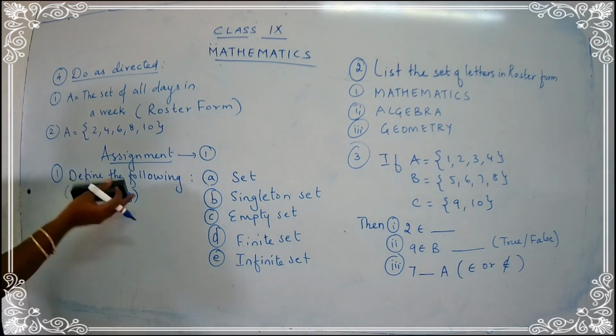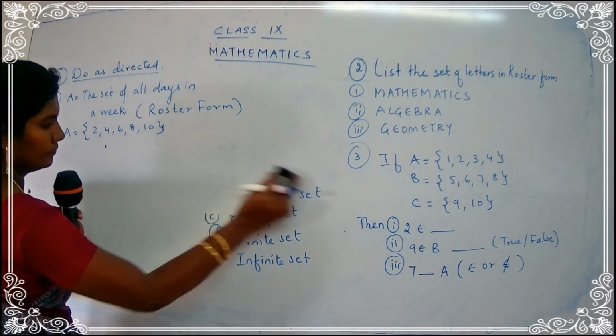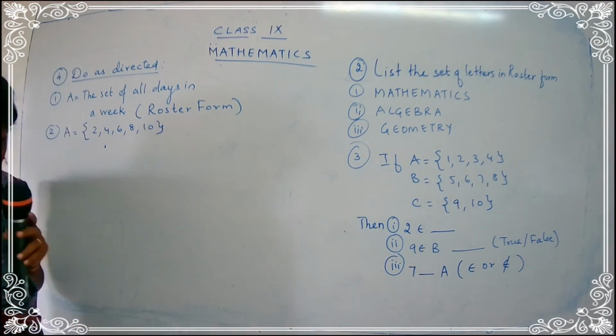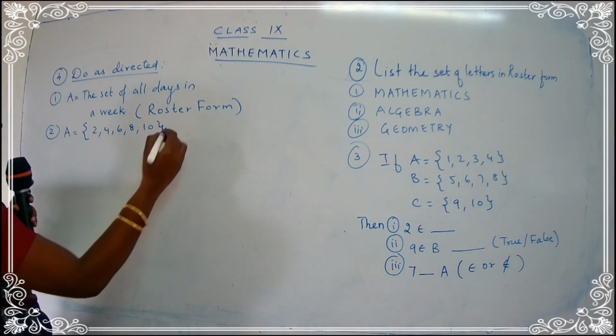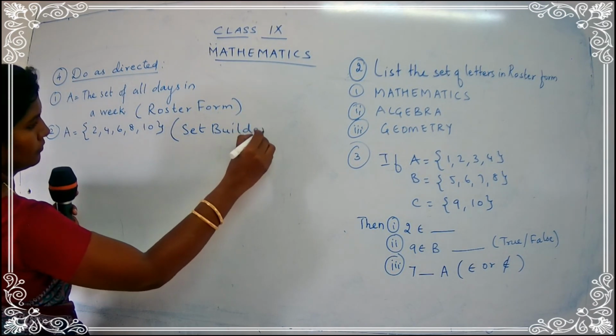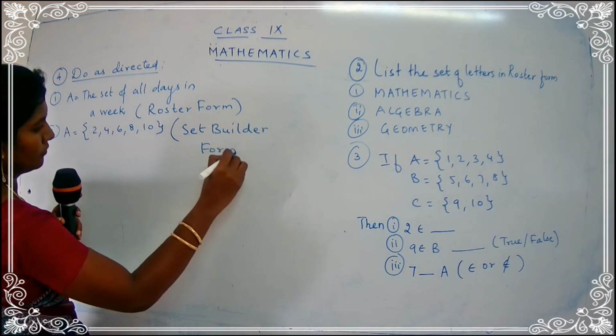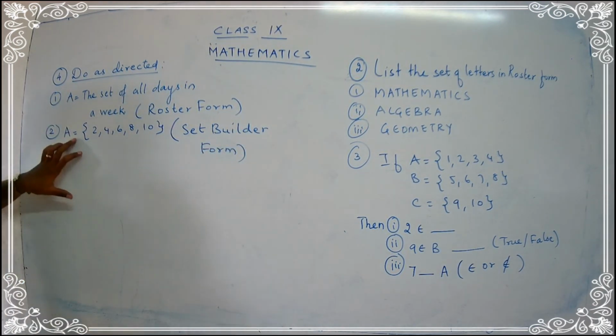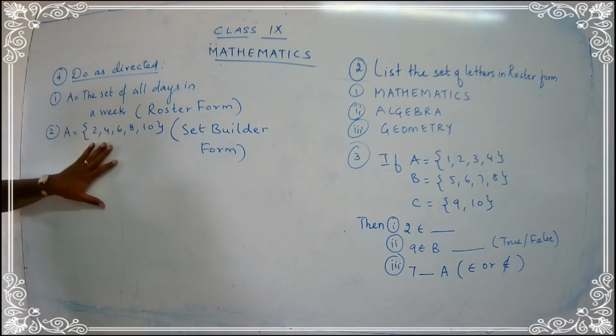I hope you have taken down the definitions. You have to write this as a set builder form, like a rule. You have to think of a rule and write down what this 2, 4, 6, 8, 10 is. You have to write a rule for it.